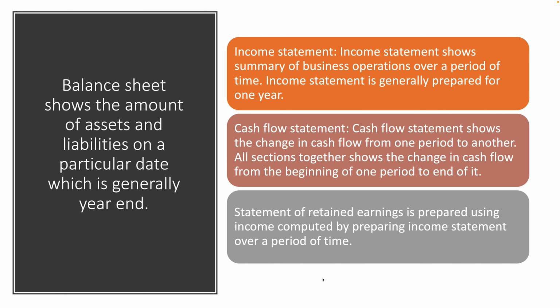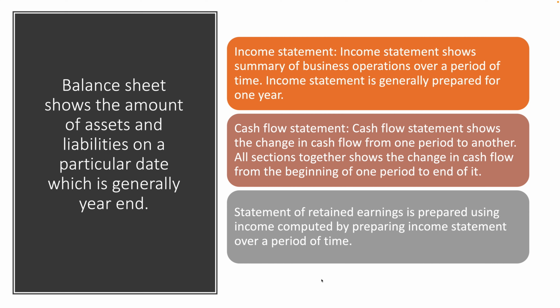An income statement is generally prepared for 1 year. The cash flow statement shows the change in cash flow from one period to another. It is divided into 3 parts, namely operating, financing, and investing activities. All sections together show the change in cash from the beginning of the period to the end of it.